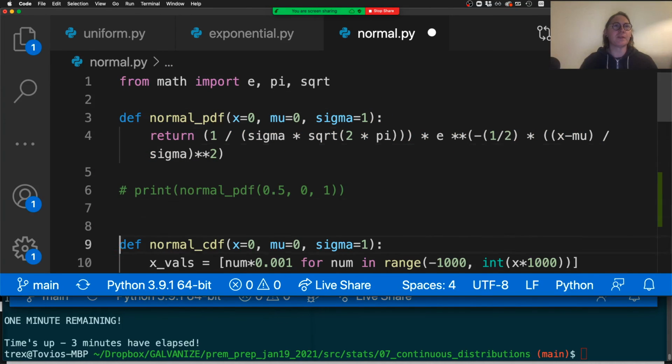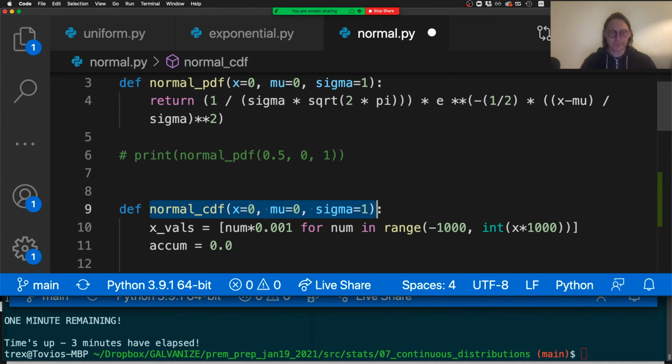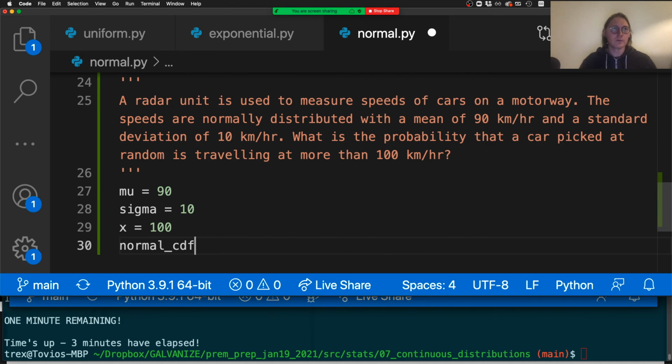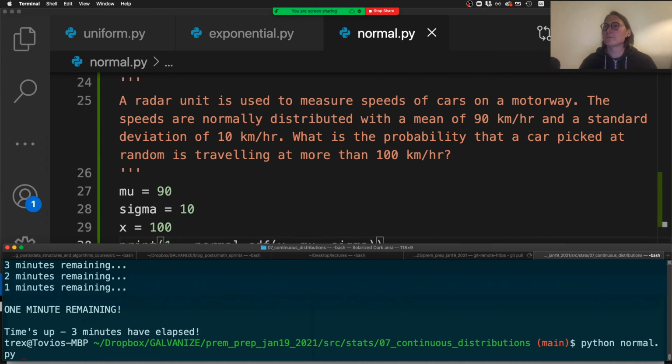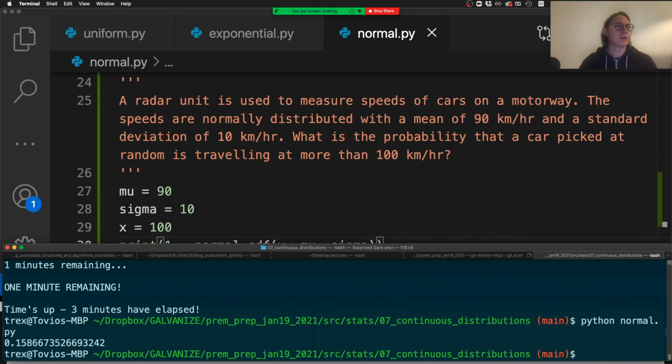And let me get the actual. So we'll pass in x, mu, and sigma. And we're taking the complement of that. I'm getting 0.15, roughly 0.157.